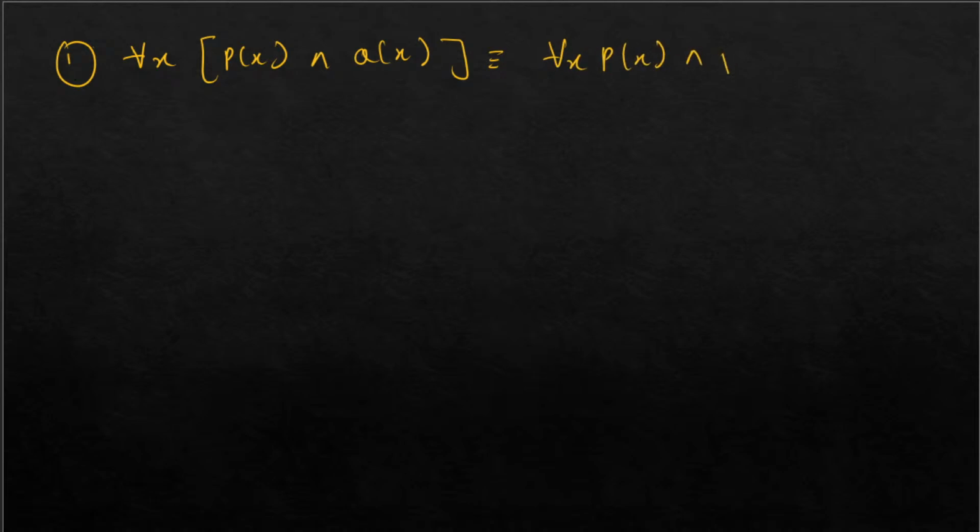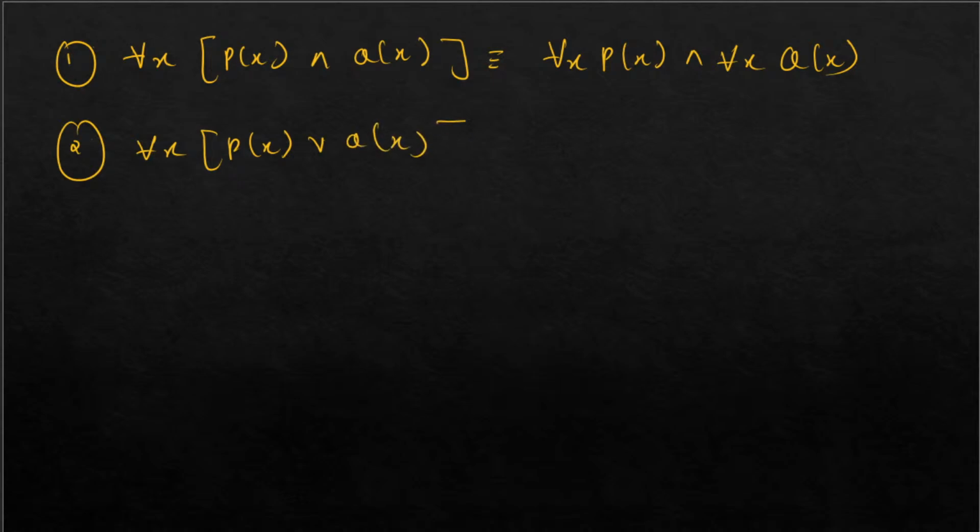For all x, P of x and Q of x is equivalent to for all x P of x and for all x Q of x. Second is for all x, P of x or Q of x, for all x P of x or for all x Q of x.